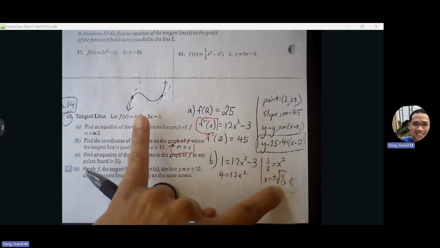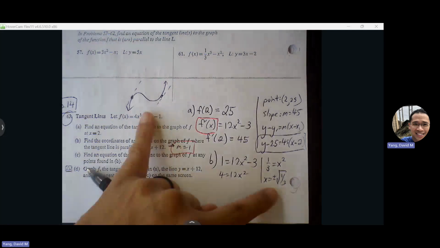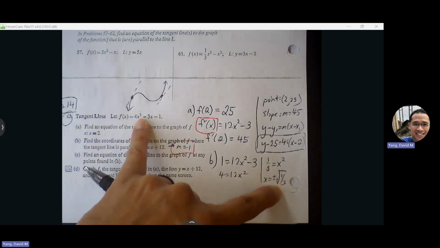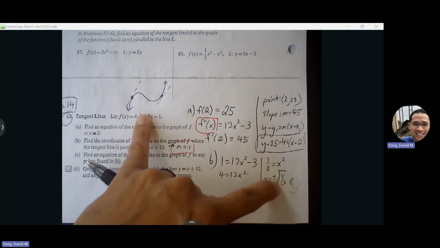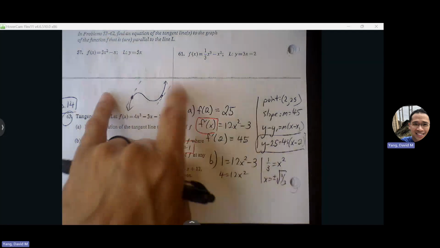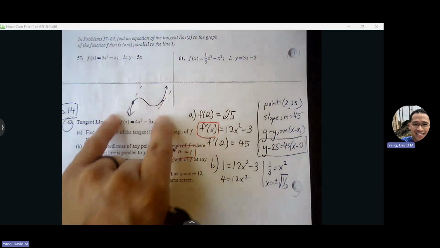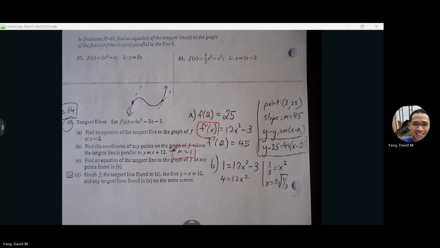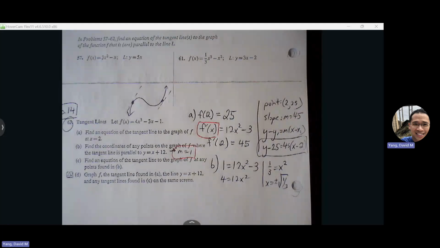But yeah, that's basically what part C is doing. Plug in the x to get the y values, and then use the ordered pairs and the slope to build, basically, these 2 tangent lines. And then D is sketching the graph, which we're not going to have to worry about.